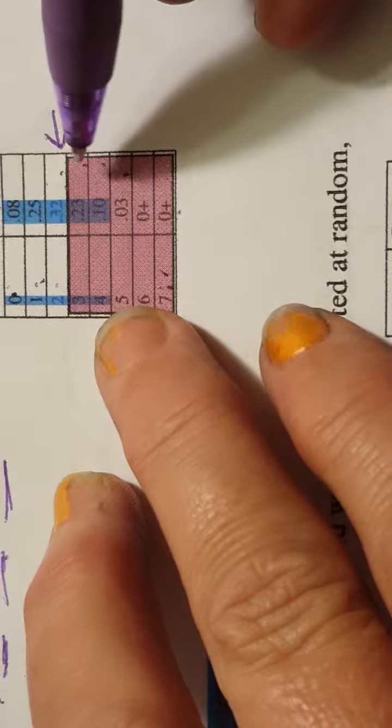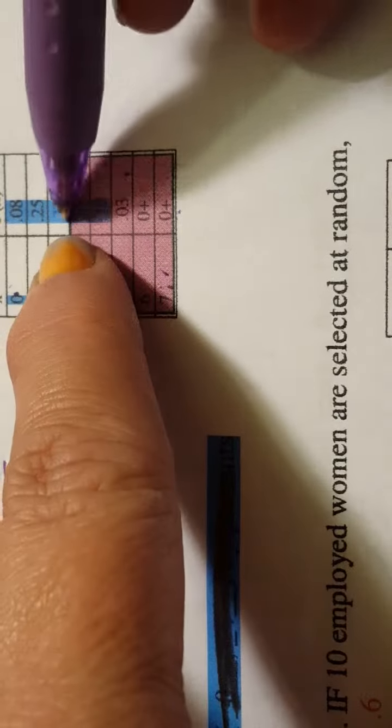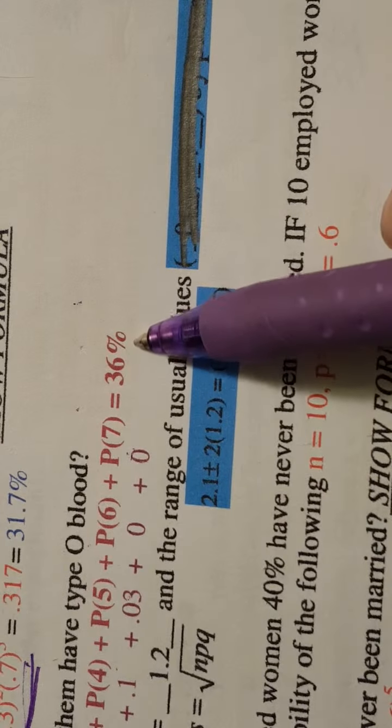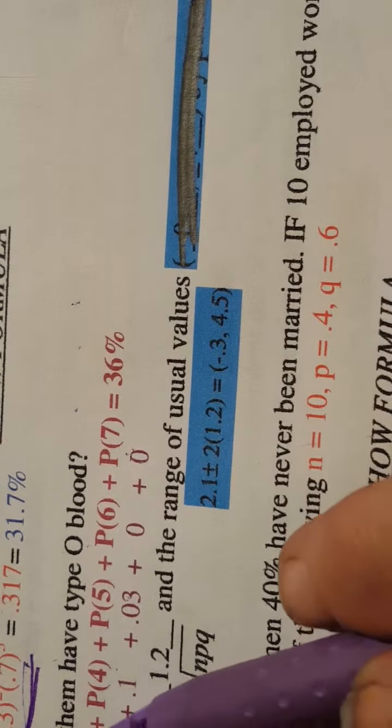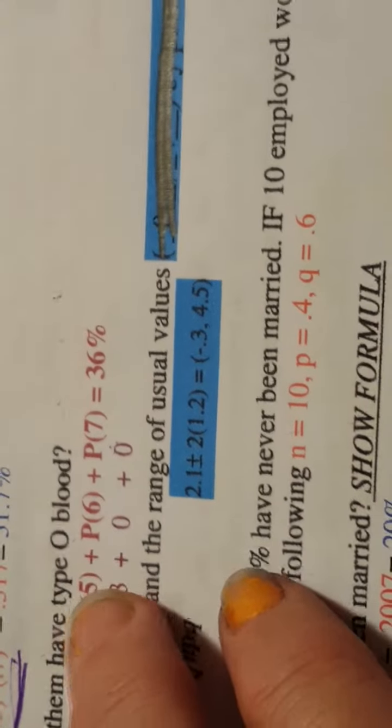So we can come over here and we can see, I believe that's what this pink is for. So all of these probabilities added together, and that would be a 36% chance that at least 3 of the 7 children have type O blood.